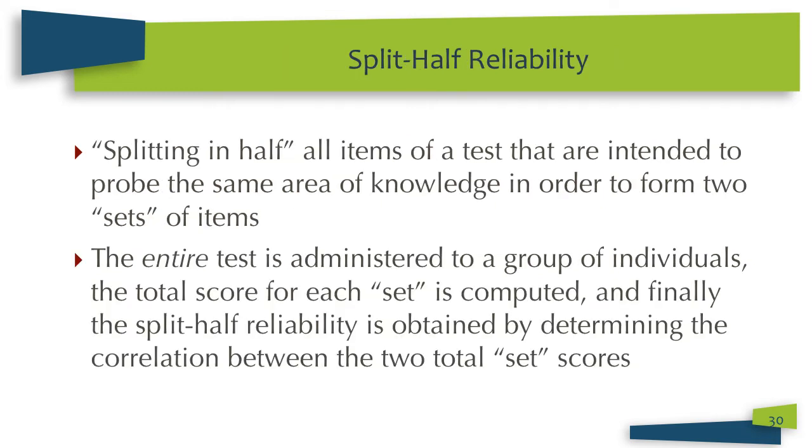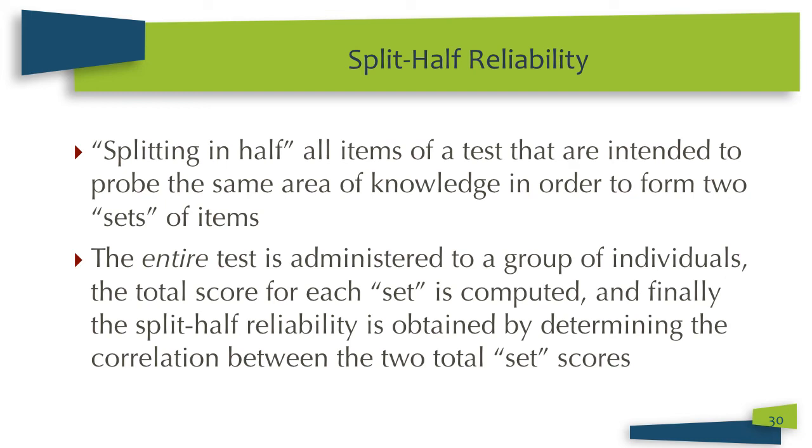And the second one is split half reliability. What you do is you split the items of your construct in 2 halves. The idea is to form 2 sets of items for the construct.